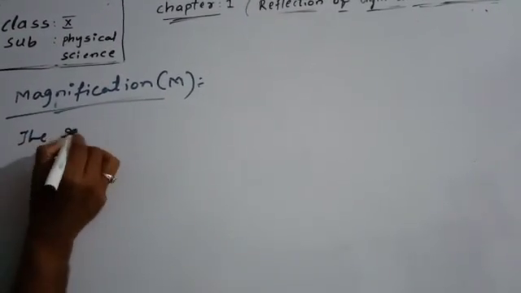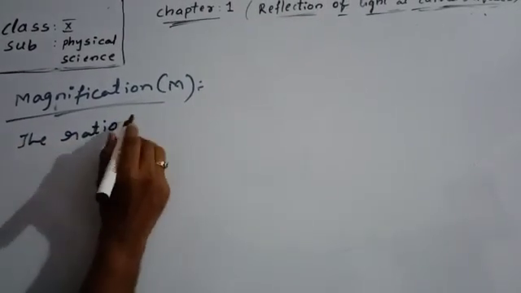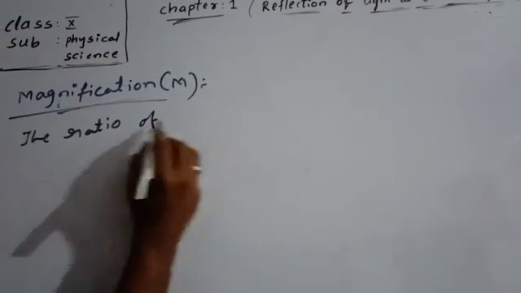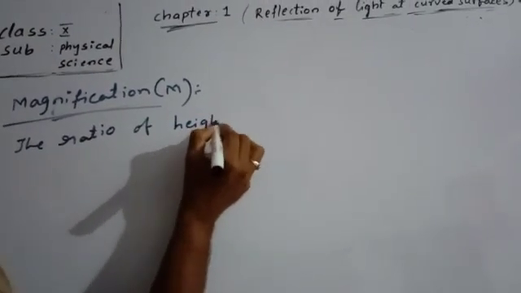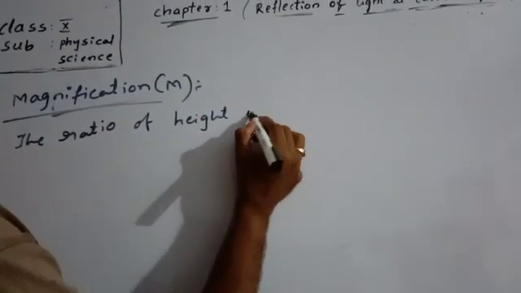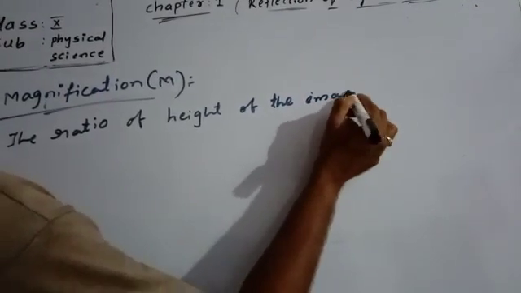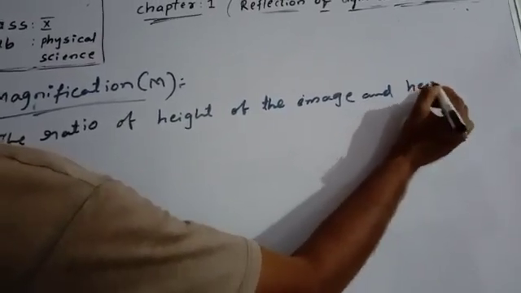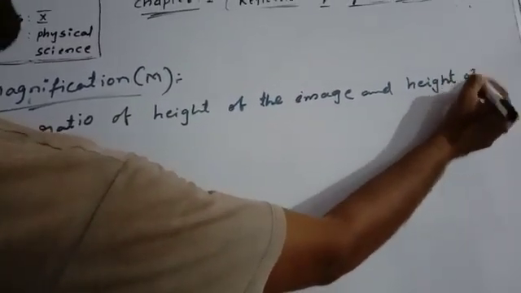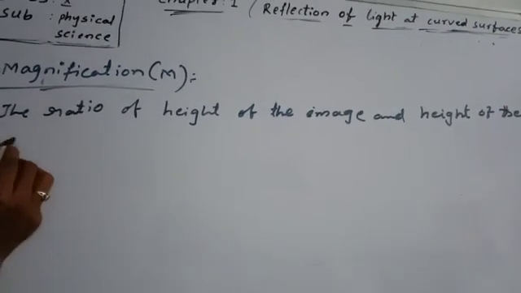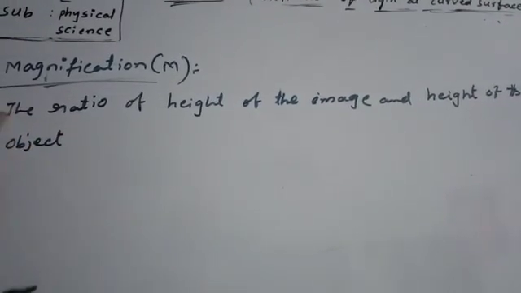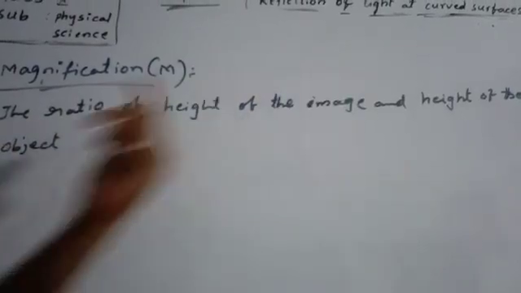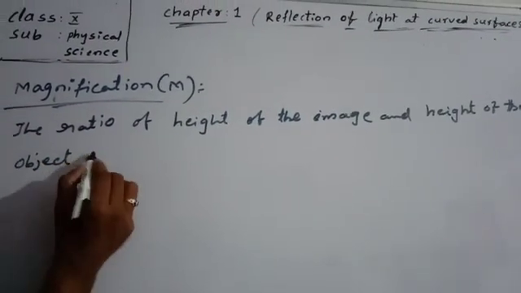The ratio of height of the image and height of the object.